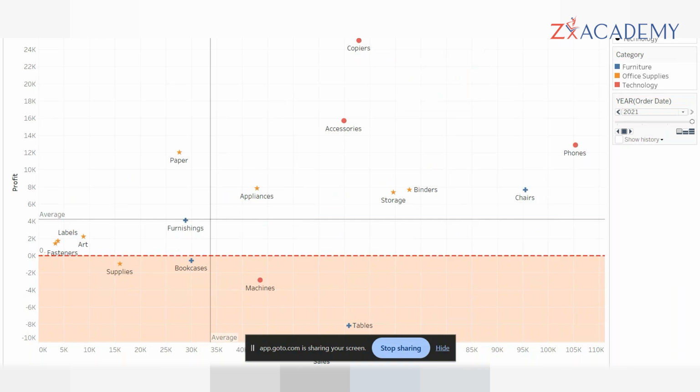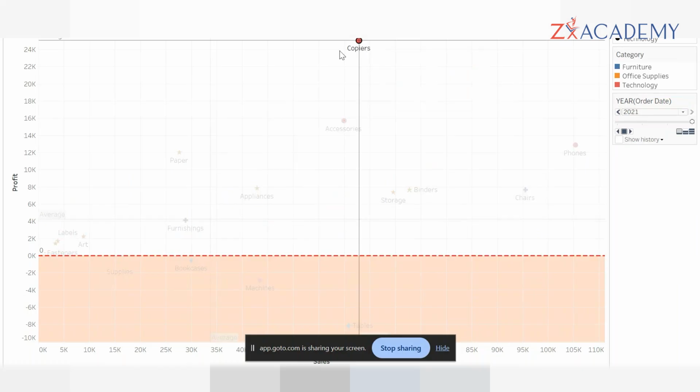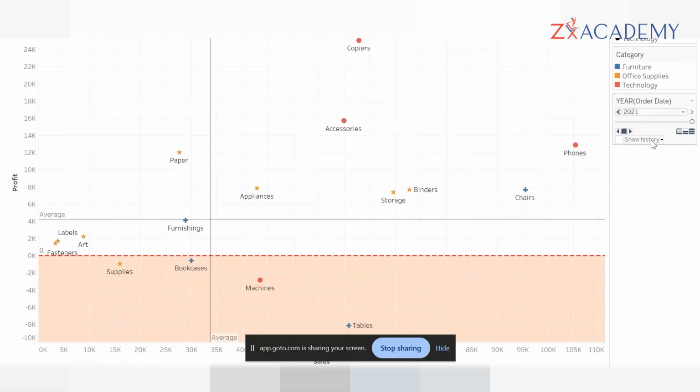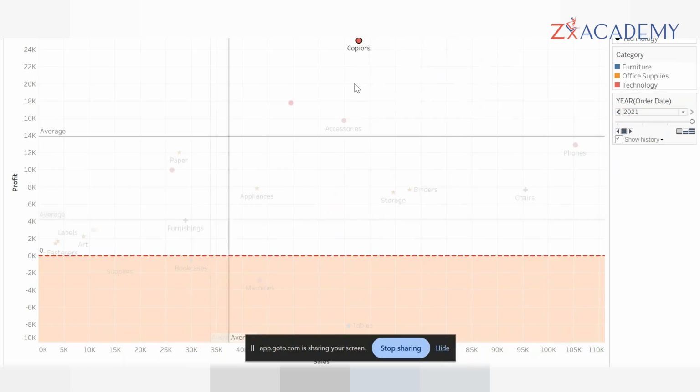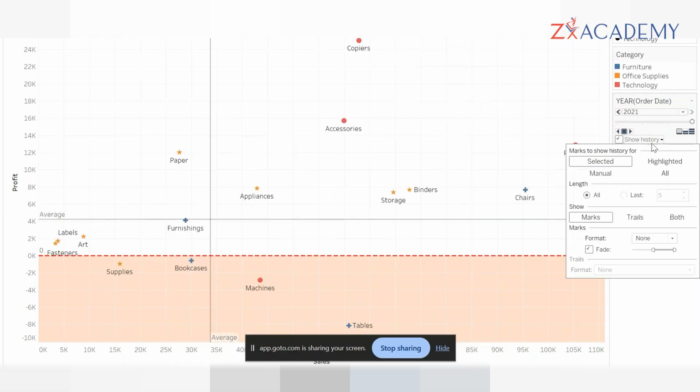The copiers. Now you want to see the kind of growth that is happening here. In this we have show history. Take this, and say you want to mark a trailing line, you can just hit this particular trail.